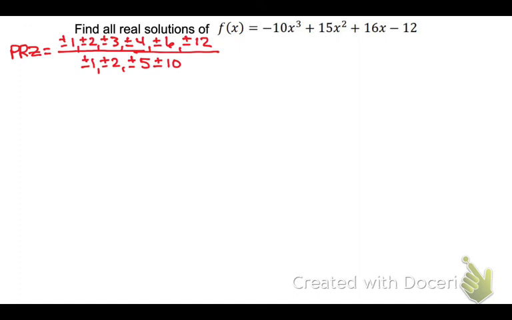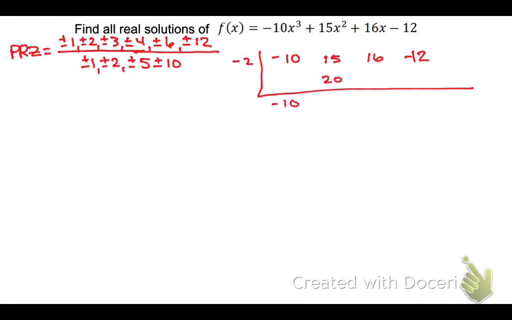Backing up. Try 4? Maybe not. I think 4 is too big. Yeah, I can tell by looking at it. Do negative 2? Oh, no. That's already going to be too big.